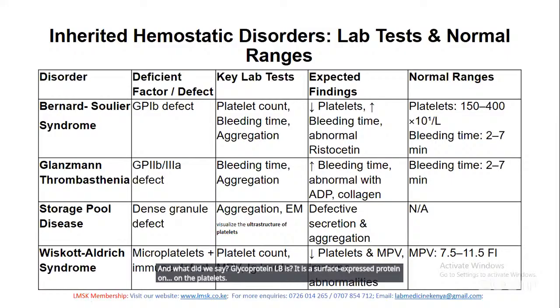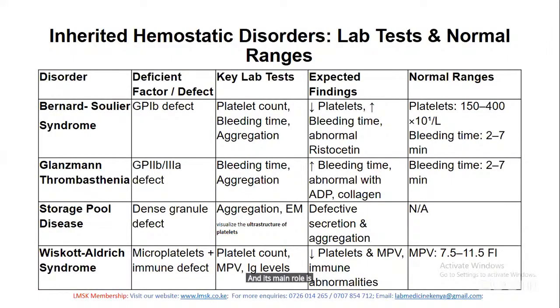And its main role is to directly link platelets to collagen when there is exposure due to damage to the blood vessel. They're exposed by the subendothelial cells. Then lab tests for this disease would include, one, platelet counts, and of course, platelet levels will be low.